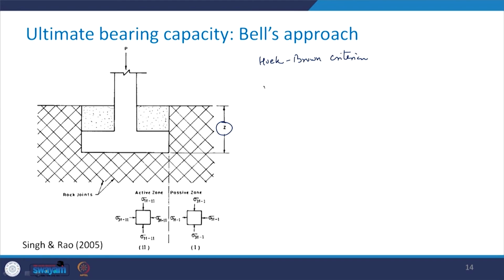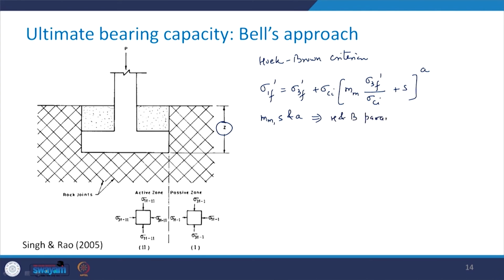So what we have here is sigma 1f prime is equal to sigma 3f prime plus sigma ci times (mb sigma 3f prime divided by sigma Ci plus S) to the power A.